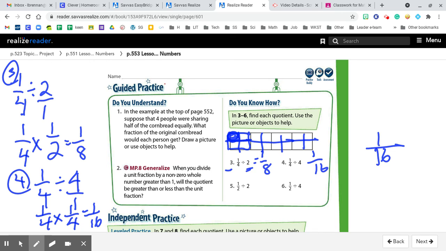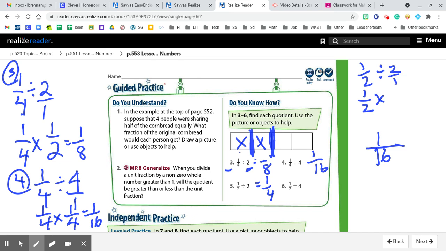A half divided by 2, so I'm starting with a half, and I'm dividing it into 2. Each piece will be 1/4. Again, 1/2 divided by 2 is the same as saying keep the first fraction, change the sign, flip the second fraction.